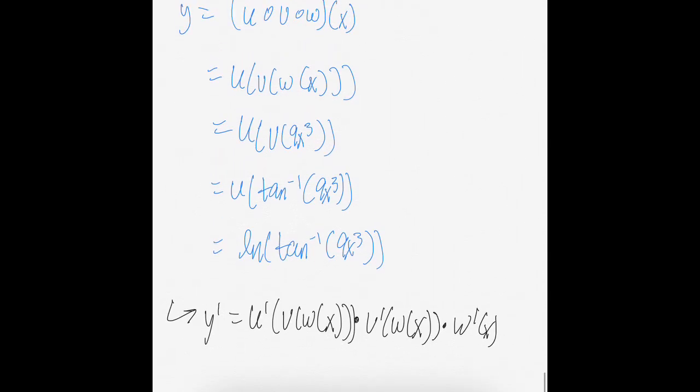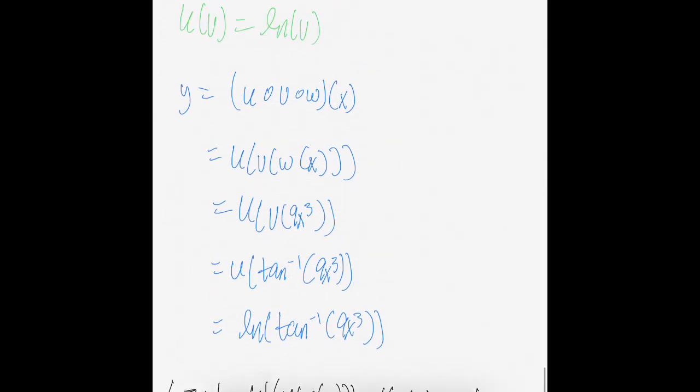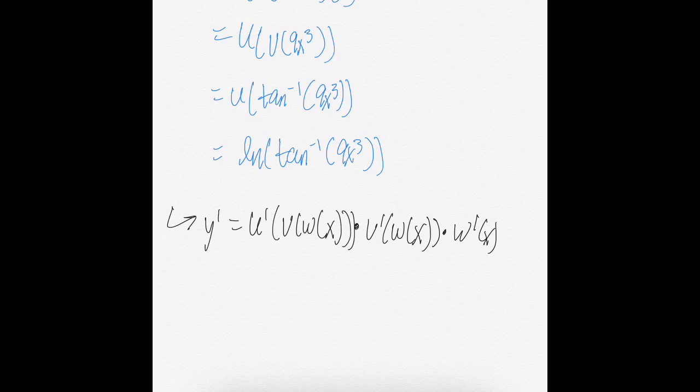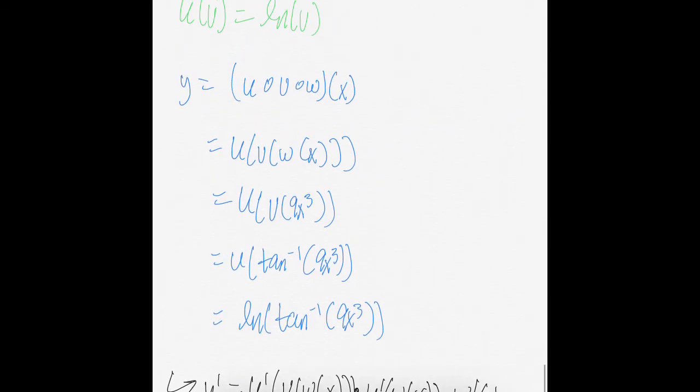Did I do the right parentheses? 1, 2, 3. I'm missing a parenthesis there. So this should look familiar to what we've done earlier today. So let's go through and calculate our derivatives.